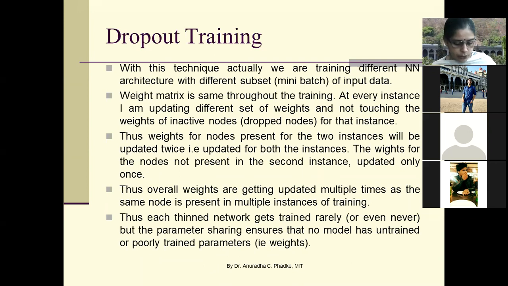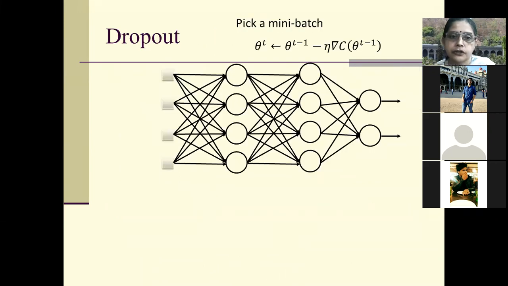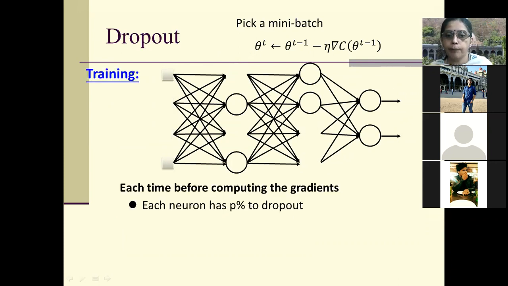So for different instances, we are using different nodes. It will look something like this. We have picked a mini batch, and from this network for a certain batch, we have dropped certain nodes. Say these two nodes are dropped from this layer and these two nodes are dropped from this layer. Every time we are dropping P% of the nodes.